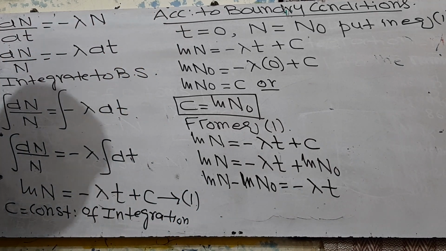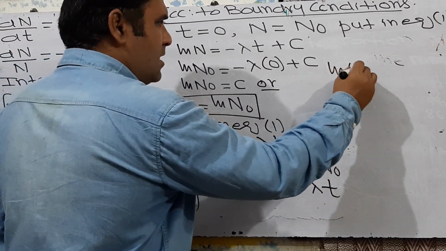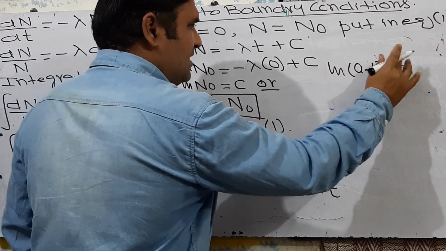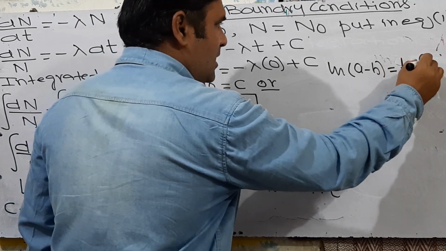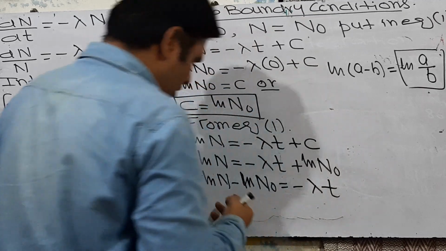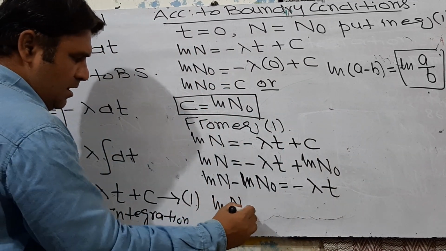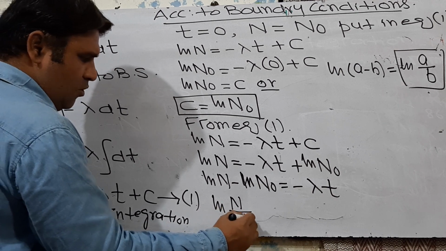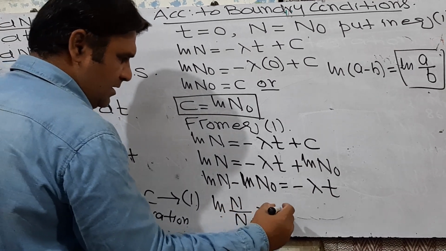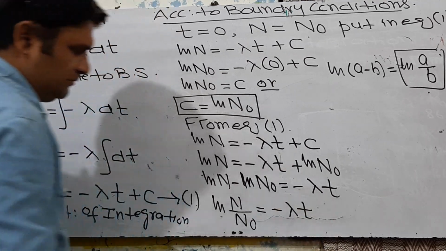As we know, log A minus log B is equal to log A upon B. So this term will be log N upon N naught is equal to minus lambda t.